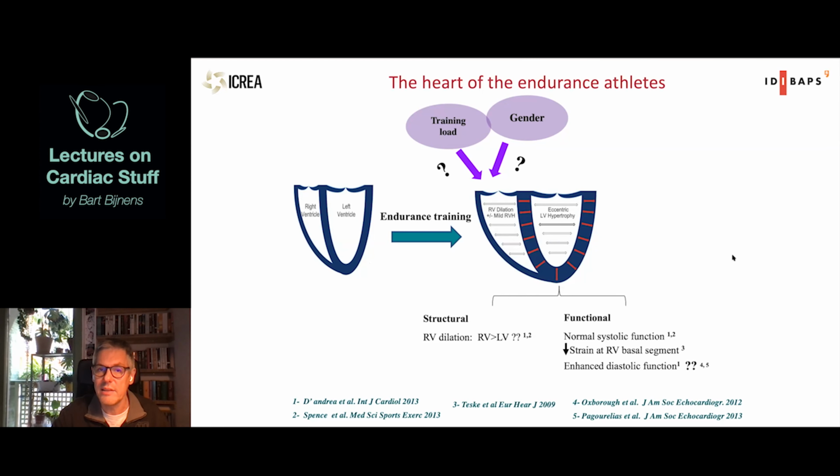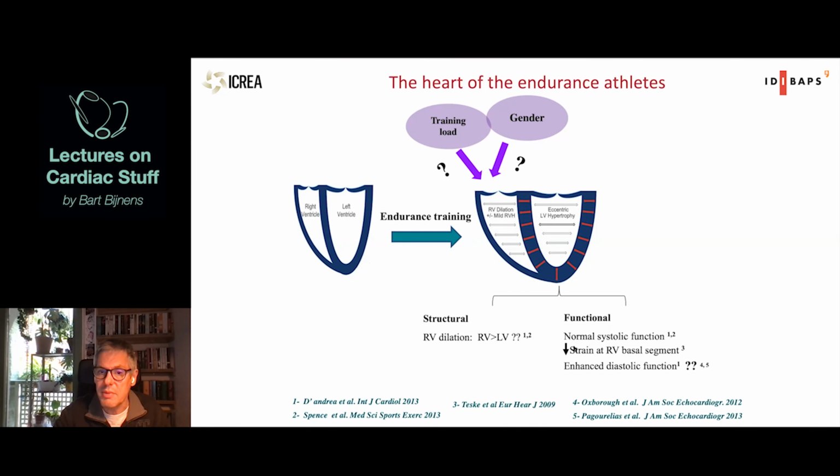How is this related to the amount of exercise that you do? What is professional versus non-professional? What is endurance sports versus more power-related exercise? Is there a gender difference? What is happening structurally? What is happening functionally?